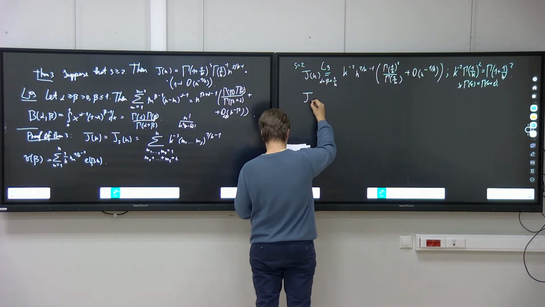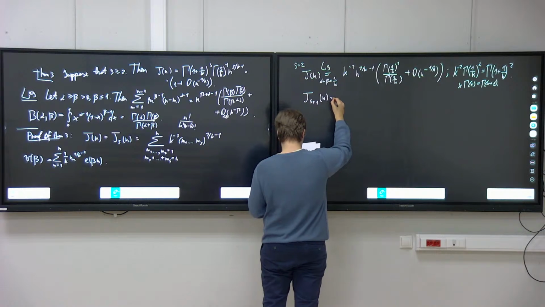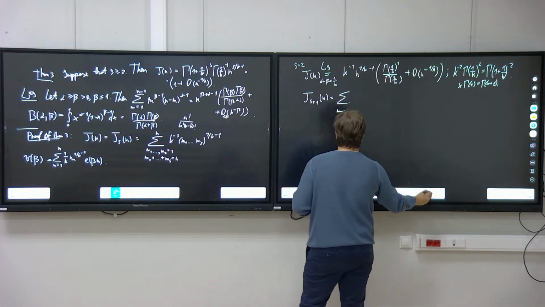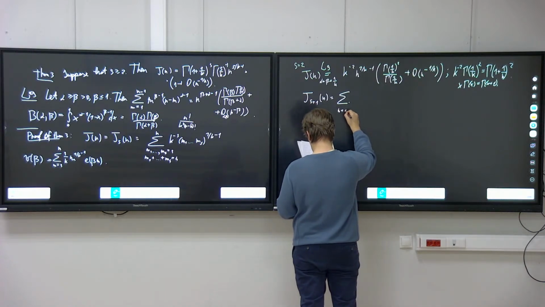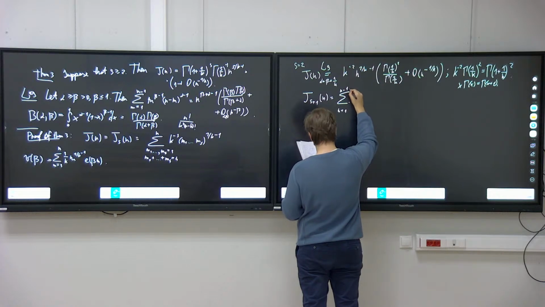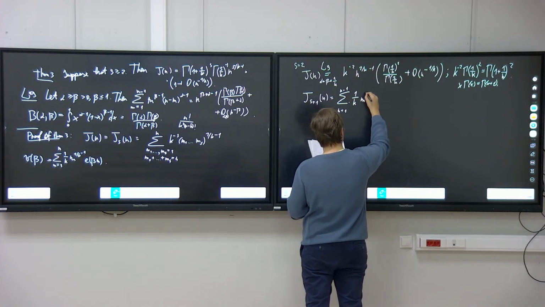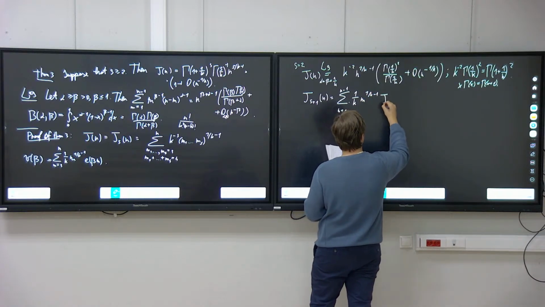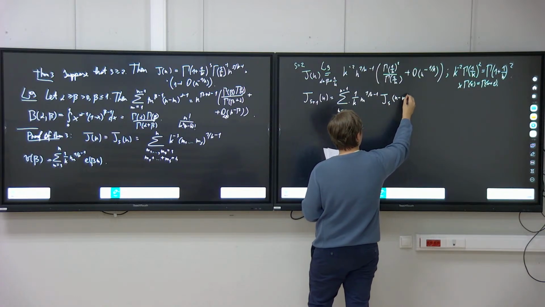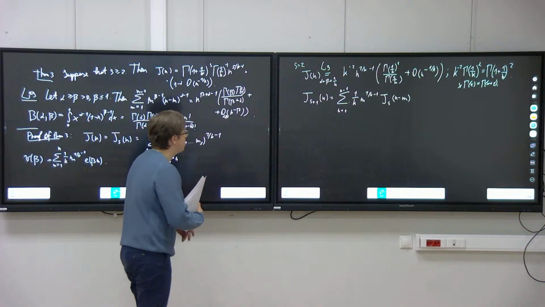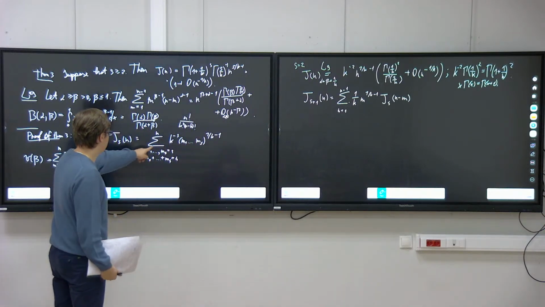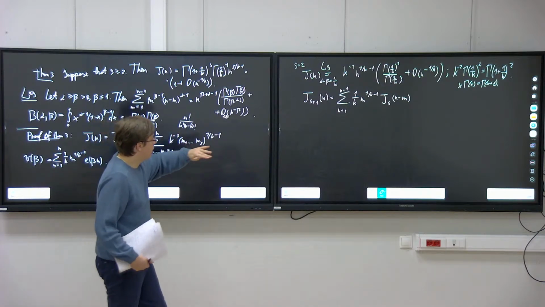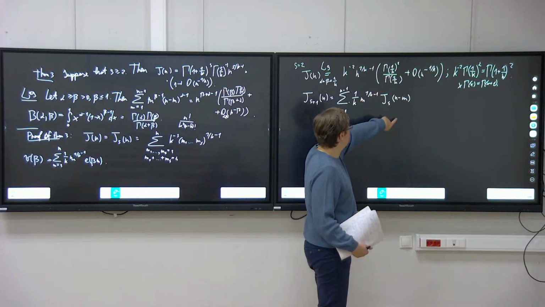And otherwise, J s plus 1 of n we can write like that: one over k, m to the 1 over k minus 1, J s of n minus m. Do you agree? We separated one of the summands, for example m1, and considered the rest. And then by induction we can apply our lemma.